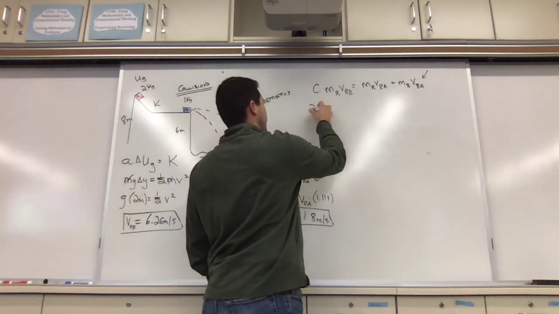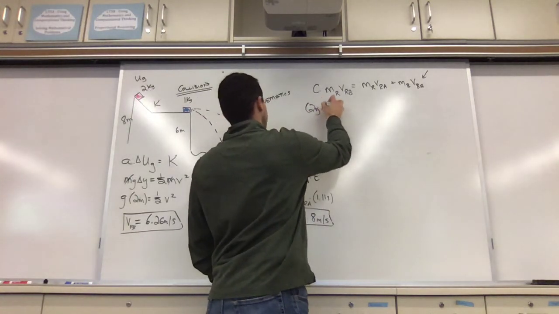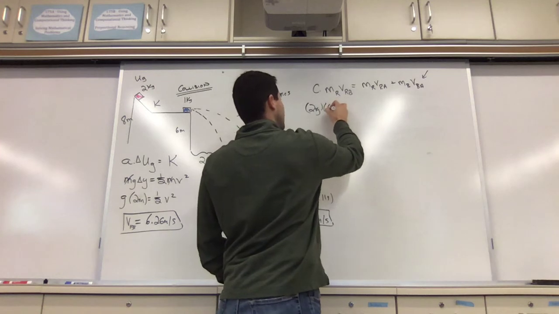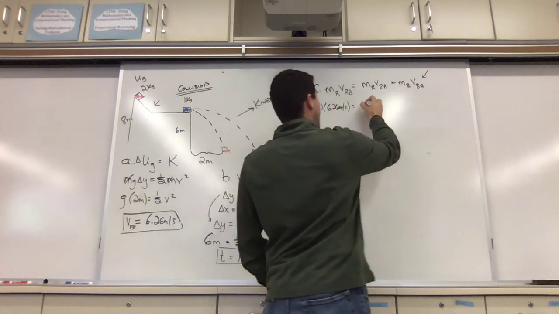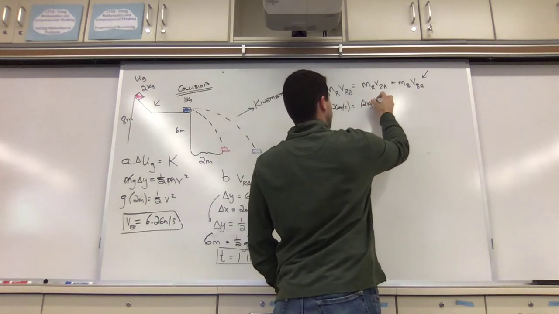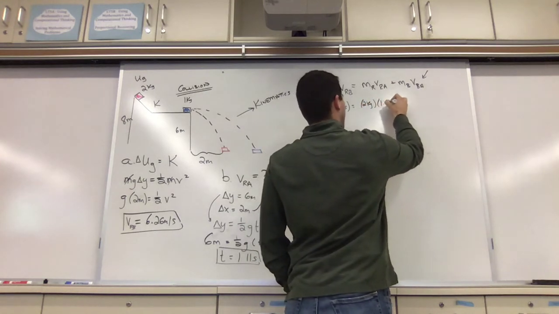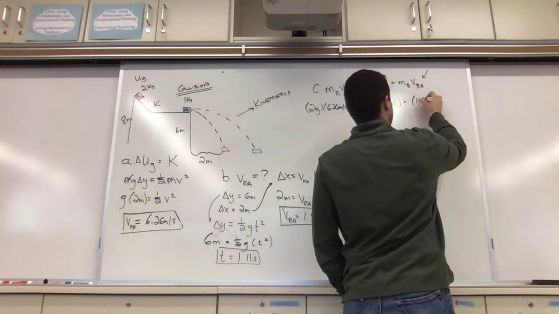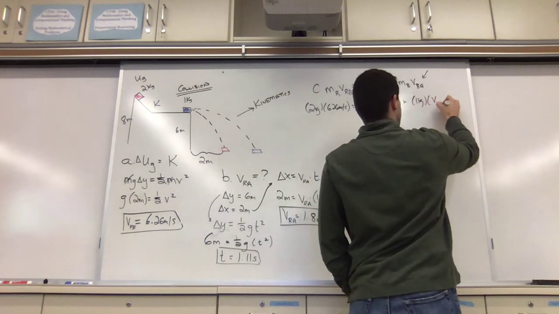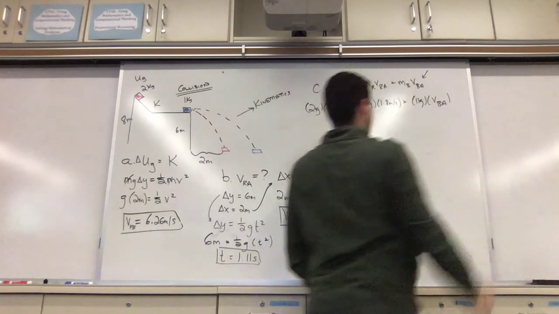This is 2 kilograms times the velocity before, which is 6.26 meters per second. Afterward, it's still 2 kilograms. I found out it's 1.8 meters per second, plus the blue block I know is 1 kilogram. And so I can find VB after just like that.